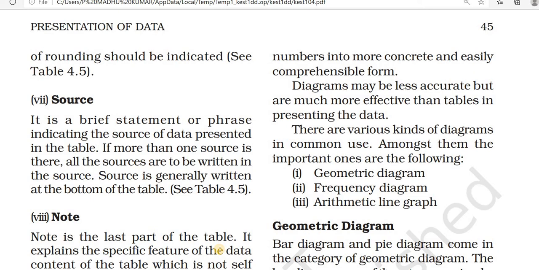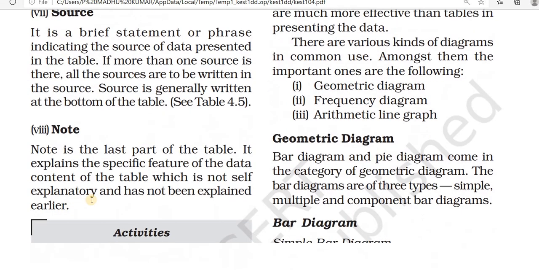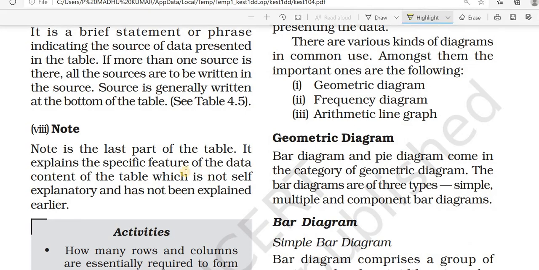If more than one source is there, all the sources are to be written in the source. Then the next one is the note, the footnote. The note is the last part of the table. It explains the specific features of the data and content of the table which are not self-explanatory and have not been explained earlier.